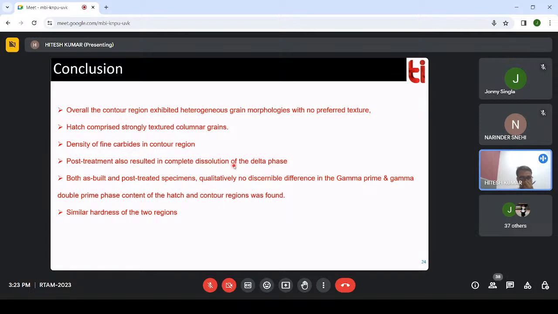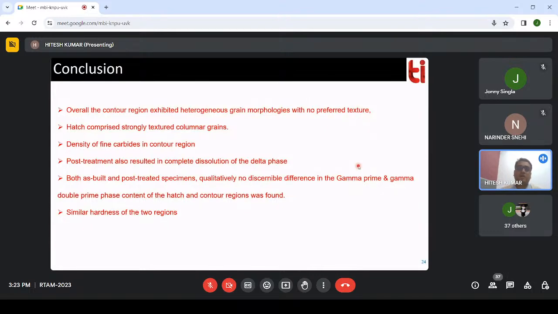Dissolution of the delta phase occurs after heat treatment, and the presence of gamma double prime is seen in both the as-built and post-treated samples, with no difference in the gamma prime and gamma double prime phases. In the H and contour content, both are the same, and after heat treatment, we observe almost the same kind of hardness, because gamma prime and gamma double prime are both present inside your material.